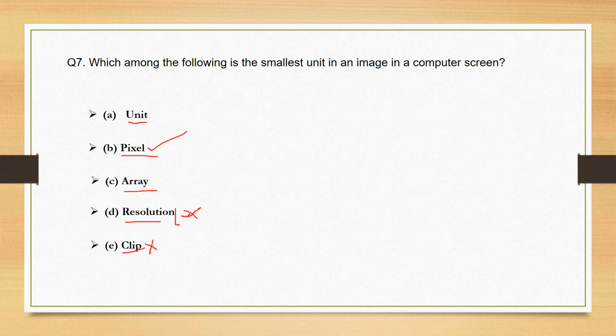A very small unit of video we refer to as a clip. Array is a pattern which consists of columns and rows. So this is also not the answer. So the smallest unit of an image on a computer screen is nothing but the pixel. This is the correct answer. Let's move to the next question.